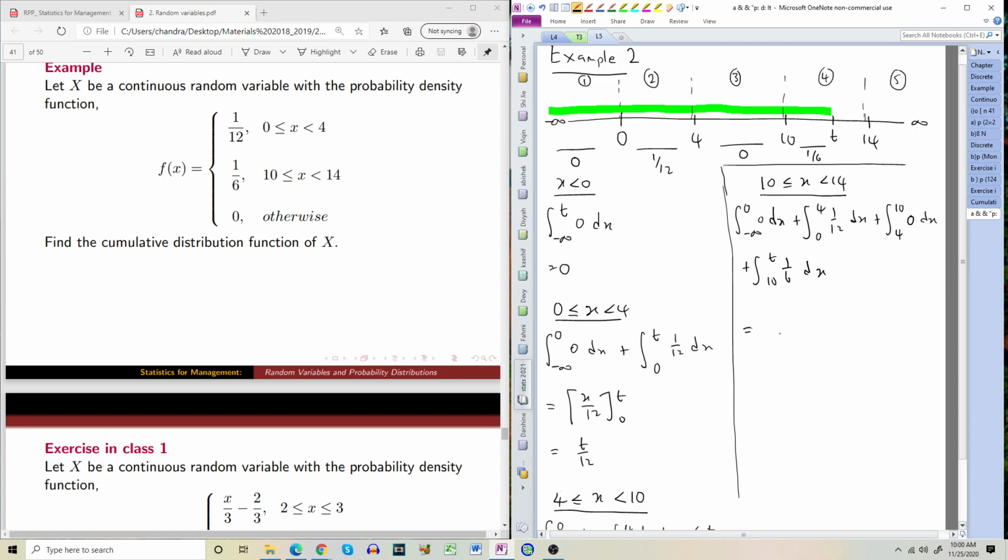Okay, if you do this, you will get t/6 minus 8/3. Yeah, you can do this and try this on your own.